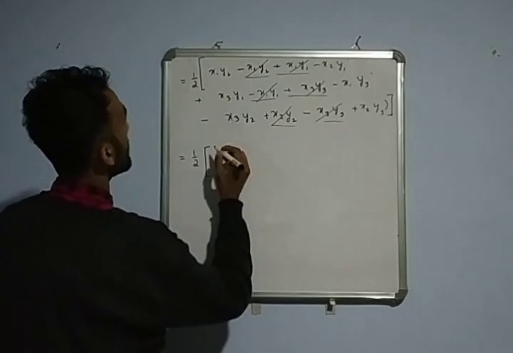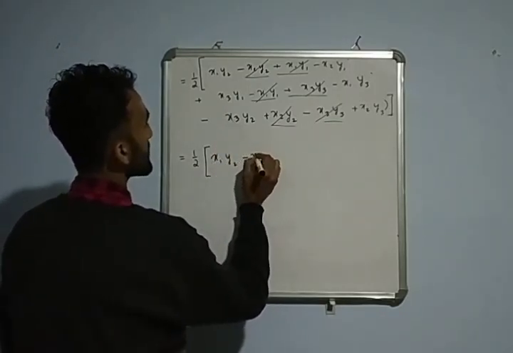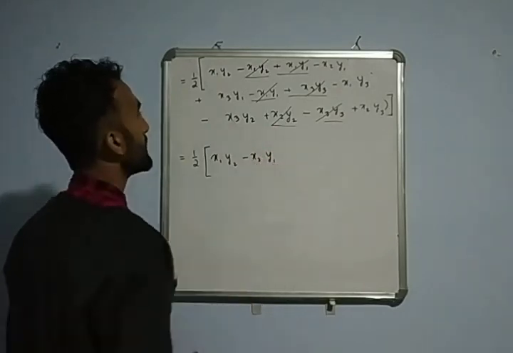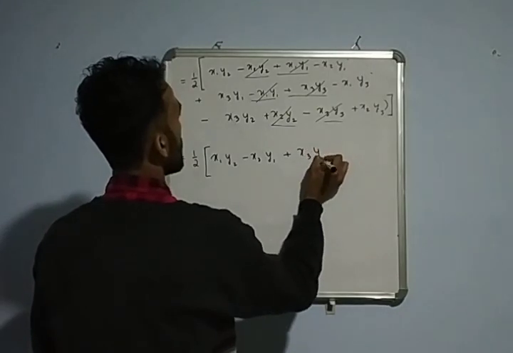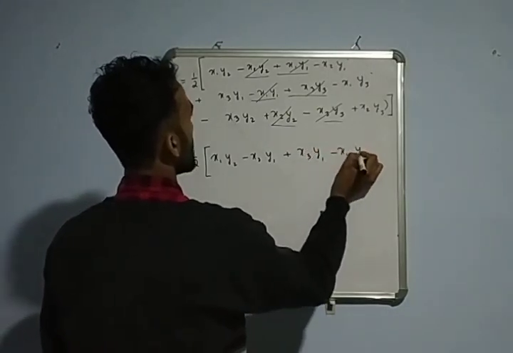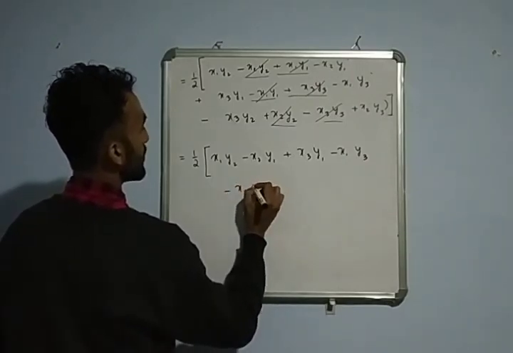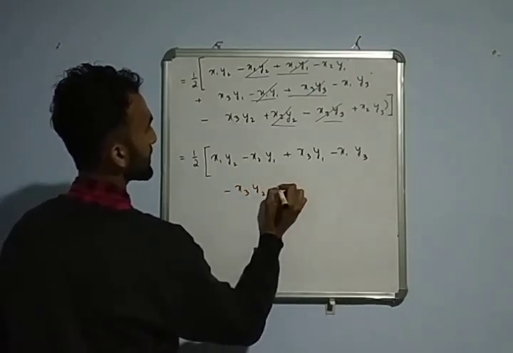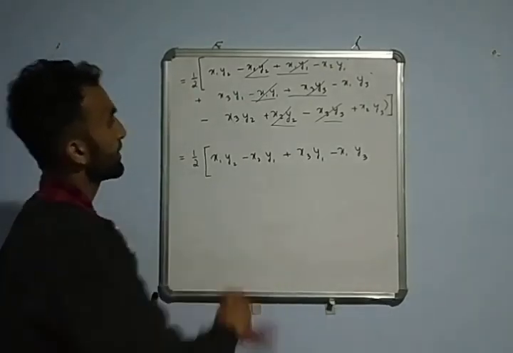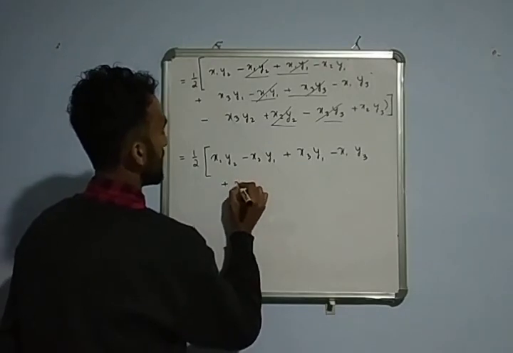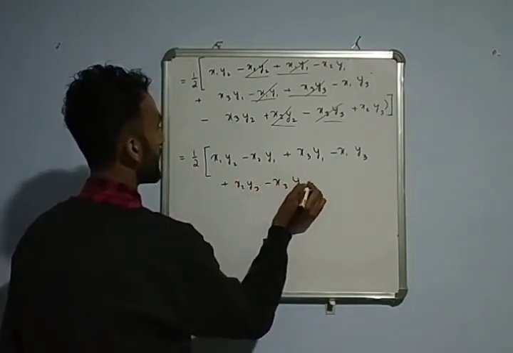That will be our answer. x1 y2 minus x2 y1 plus x3 y1 minus x1 y3 minus x3 y2 plus x2 y3, so let me write the plus side first: plus x2 y3 minus x3 y2.